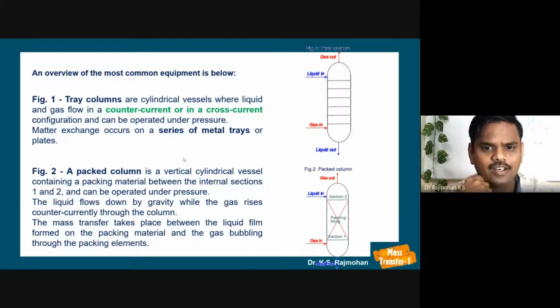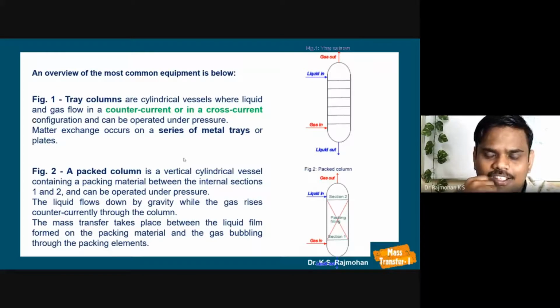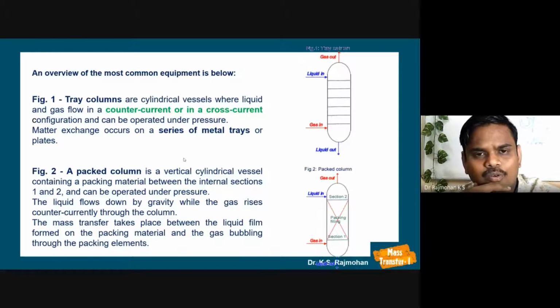whichever is required, right? So obviously there will be a series of metal plates or trays or stages, where the gas and liquid come in contact with each other, and mass transfer takes place once we provide good mixing and sufficient contact time.